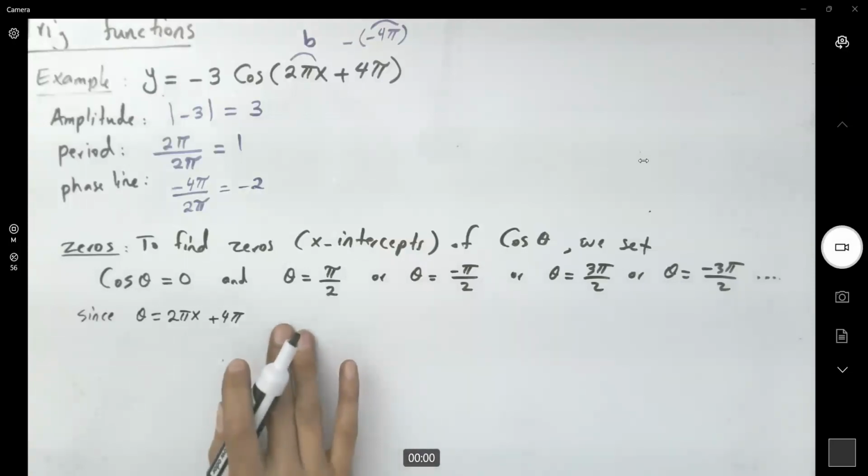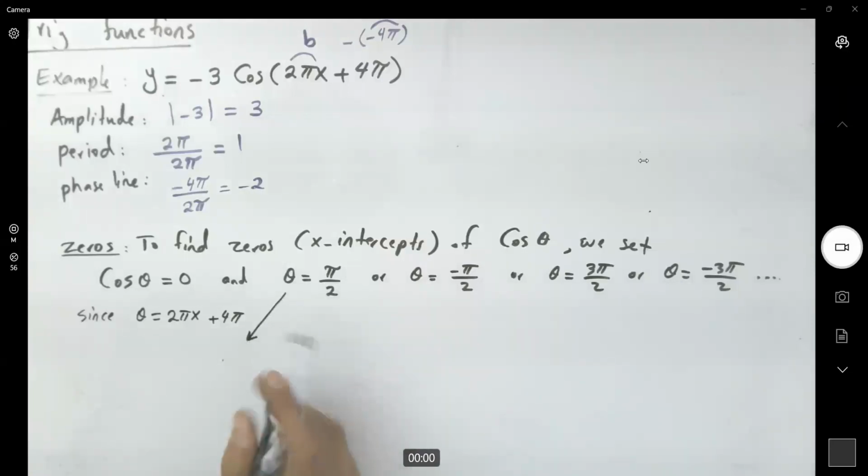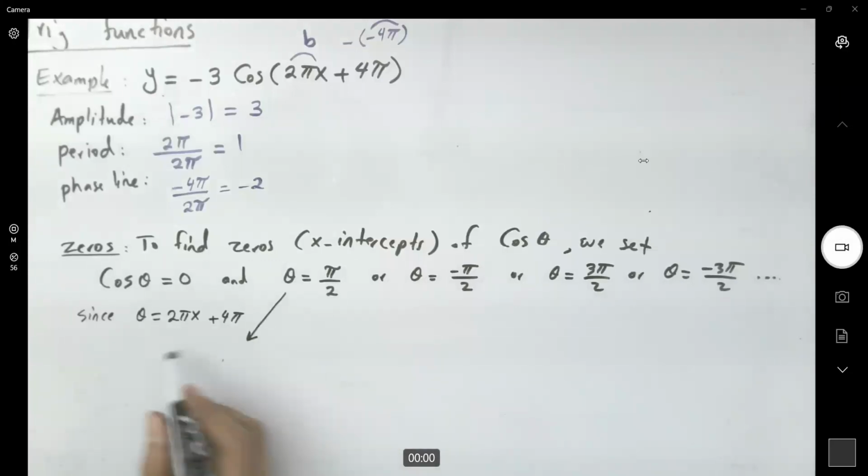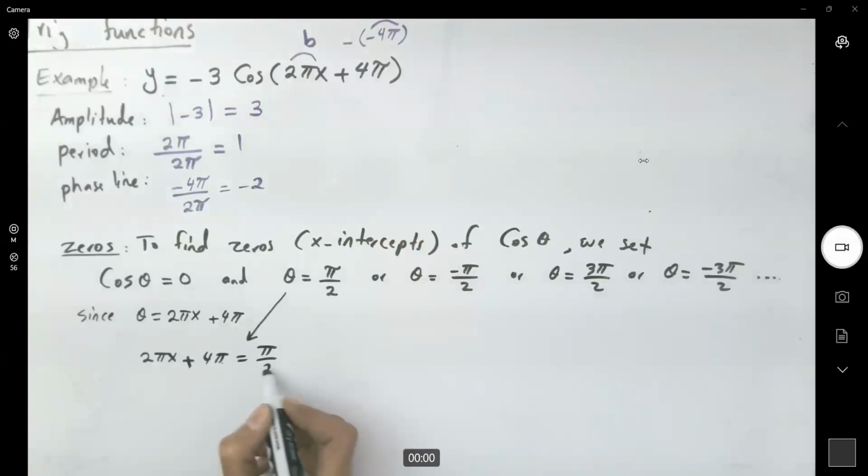So let us begin. We're going to begin by this, just to review. We already solved this one. I'm going to just show you one more time. Here you have 2 pi x plus 4 pi equals pi over 2.